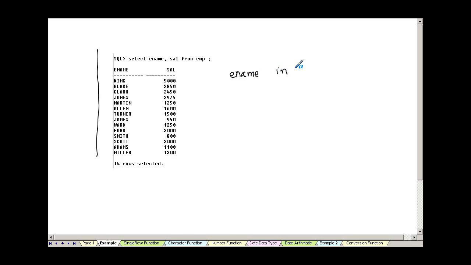That means my output is supposed to be, instead of capital K-I-N-G, it should be k-i-n-g. It should be p-l-a-k-e. So these are all lowercase characters. Essentially, this is the data which I have in my database. What transformation should I do so that I can get a lowercase employee name? That's question number one.